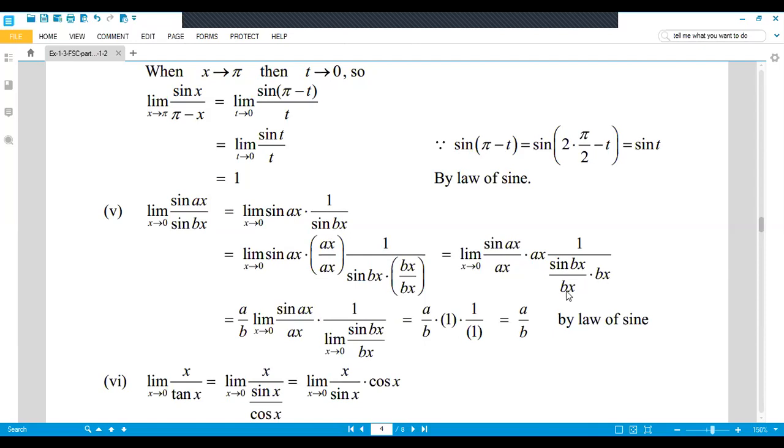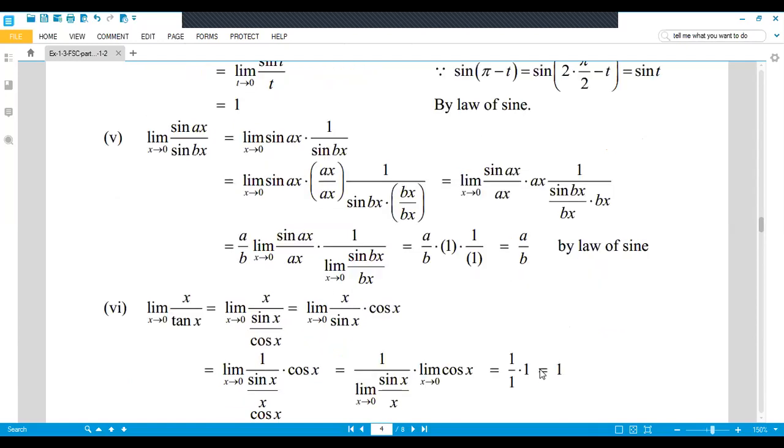We apply the limit on both. When we apply this, x cancels with x, we get a over b, which we take out, and limit x approaches 0 of sin ax over ax is 1 by the law of sine, and the denominator is the same. So a over b into 1 over 1, we get a over b.